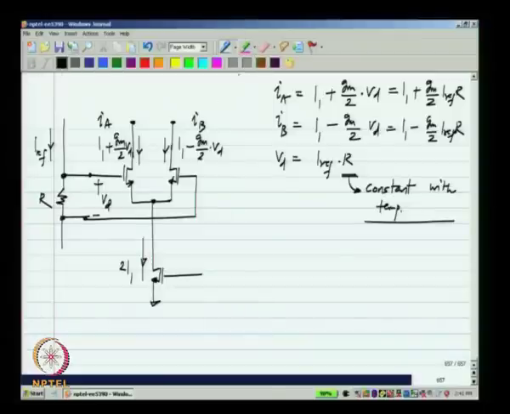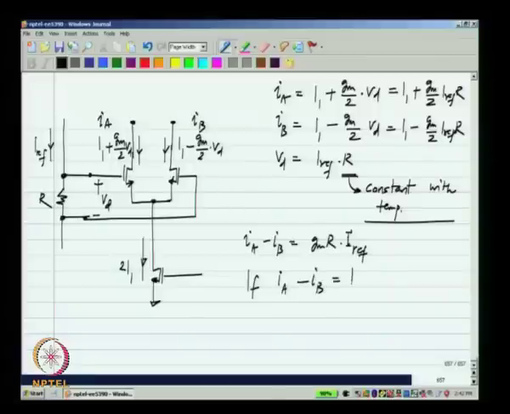Now, if you consider Ia minus Ib, that is GmR times Iref, and if you make Ia minus Ib equal to Iref, that means that GmR is 1 or Gm will be 1 by R.